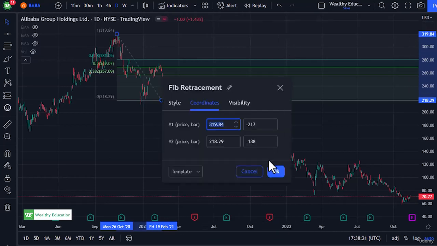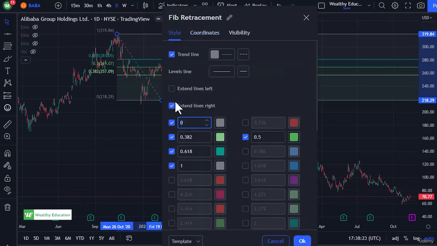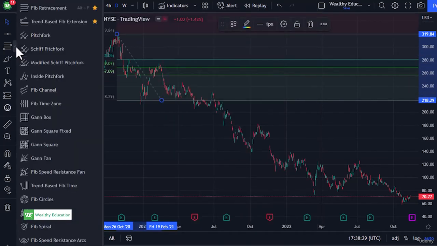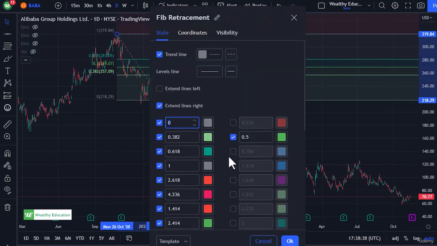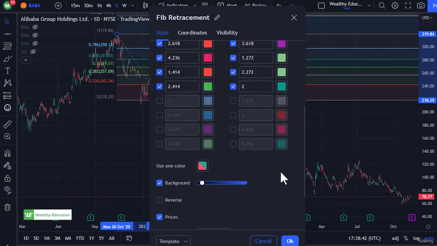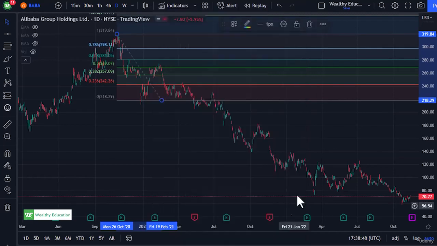The first thing I'm going to do is show you all of the Fibonacci numbers that are available on the Fib retracement tool. There are other Fibonacci tools that you can use. These are all the Fibonacci ratios that you can use on a retracement.